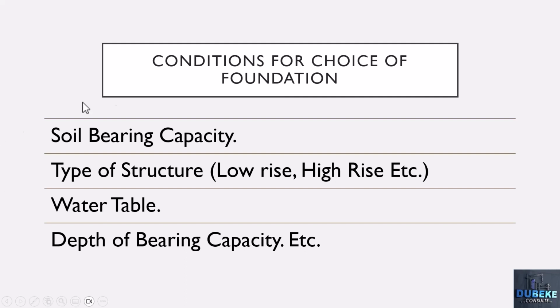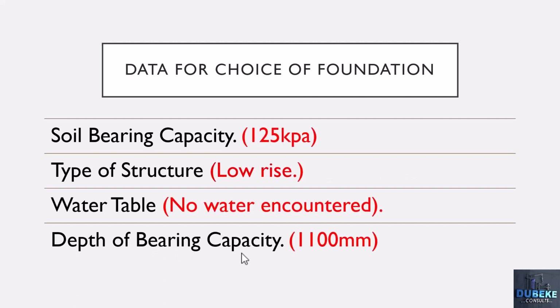Then also, it is not just okay to have a good soil bearing capacity, but at what depth did you encounter that bearing capacity? So for this very structure that we are talking about right now, we have a soil bearing capacity of 125 kPa, which is between 75 and 150, which is high.